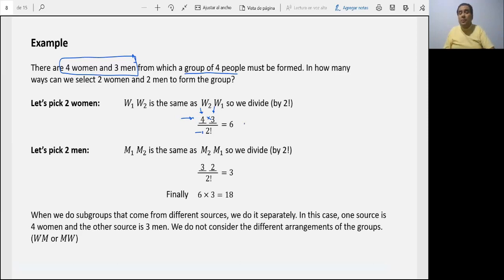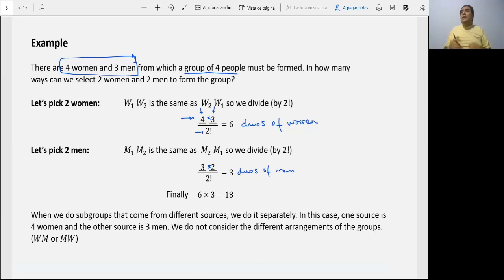So you get 6 possible duos of women. What about the men? Picking up 2 men out of 3, you can do by this formula, 3 times 2 divided by 2 factorial, since Felipe and Carlos is the same as Carlos and Felipe. So you have 3 possible duos of men.